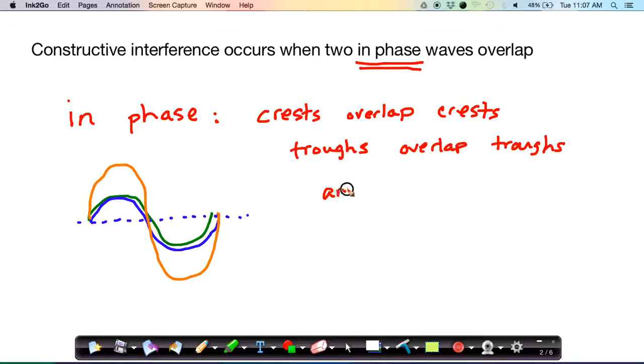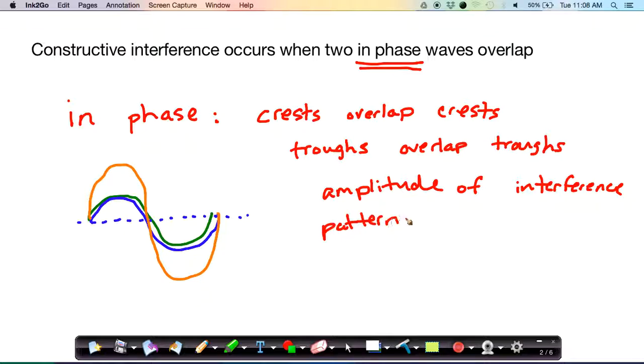So let's write that out here. The amplitude of the interference pattern will be the sum of the amplitudes of the individual waves.